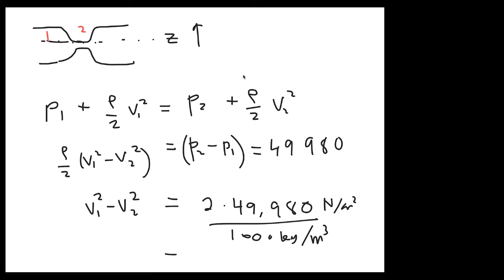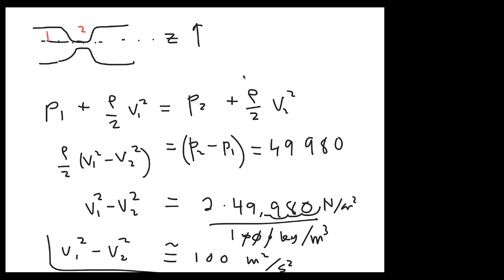We know then that this is about 50 times 2, which is about 100 meters squared per second squared. That is v1 squared minus v2 squared.